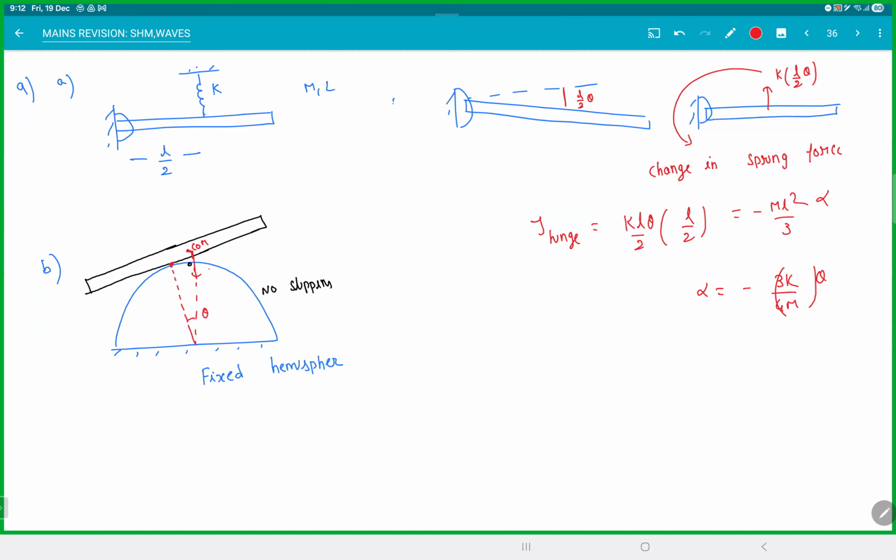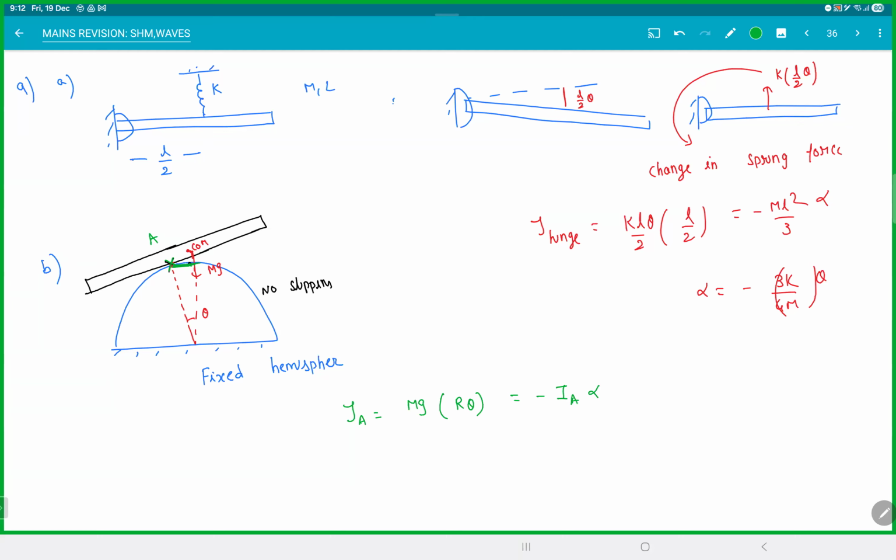This is your mg vector. So you're taking torque about this point here. So this is the perpendicular distance here. So torque about A will be mg, that length will be some r theta, is equal to minus IA alpha.